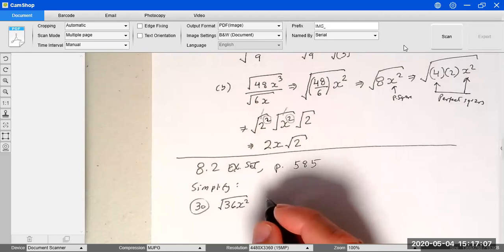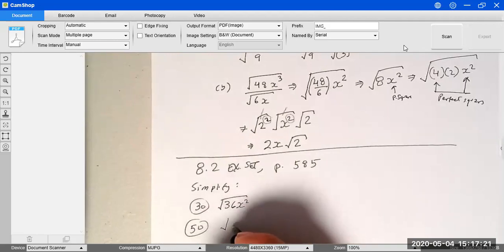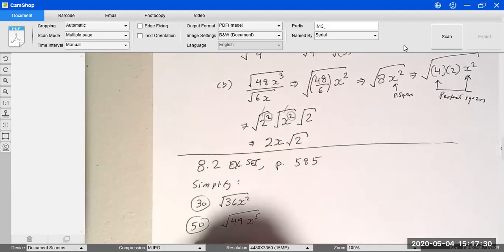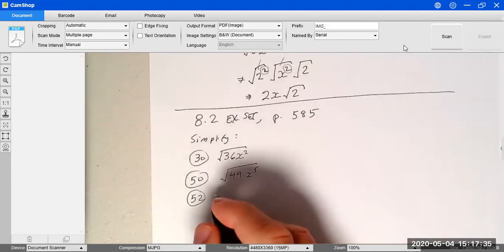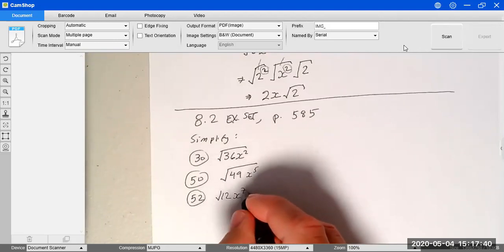Then 50 is the square root of 49x to the 5th power. Then I have 52, which is the square root of 12x to the 7.